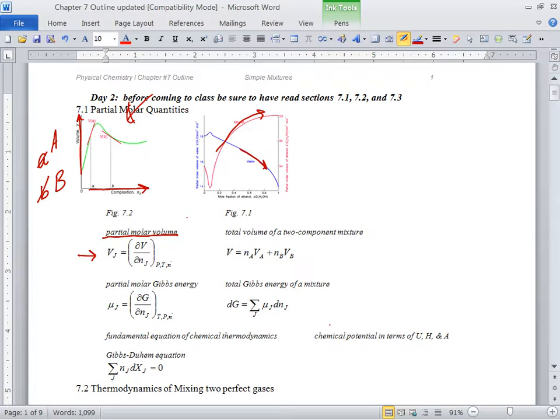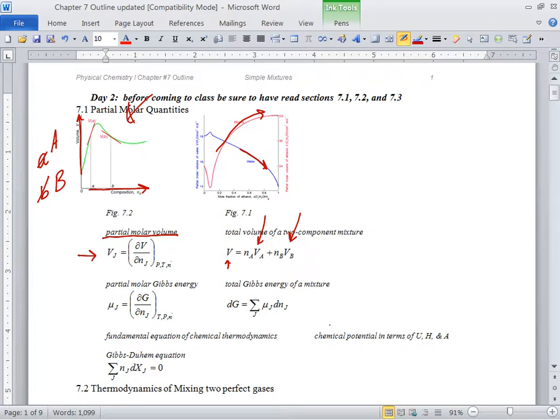So if you do have a mixture and it's just binary, here's your total volume, and it kind of makes sense. Here's the partial molar volume of A, the partial molar volume of B. What would probably be the units on it, Shelby, for VA or VB?